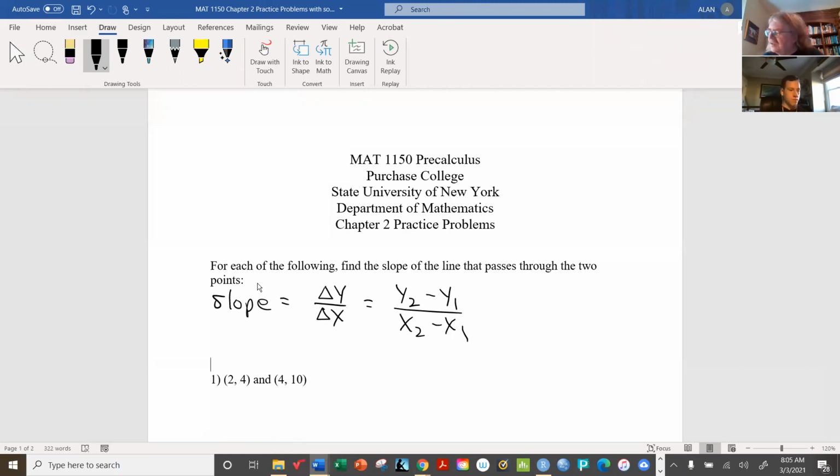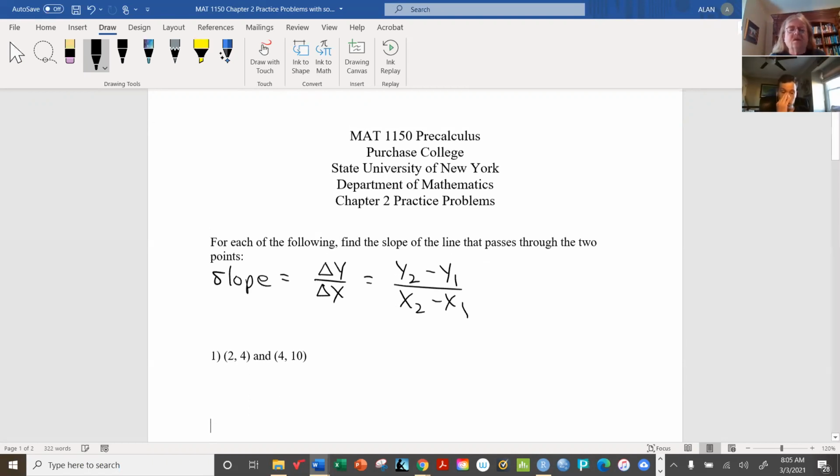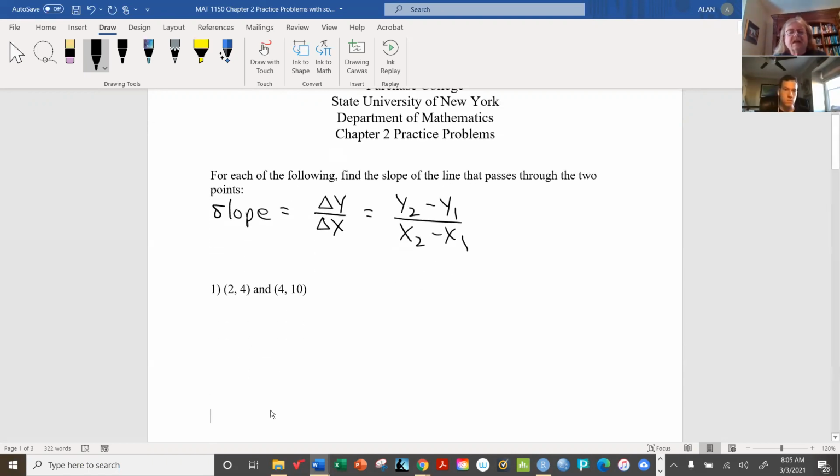So in each of these cases, what we can do is think of the first pair as x1, y1, and the second pair as x2, y2. So this is x1, this is y1, x2, y2.